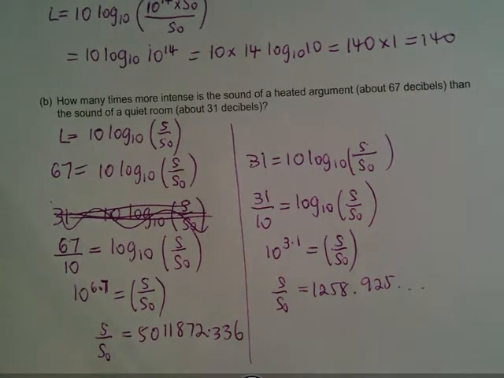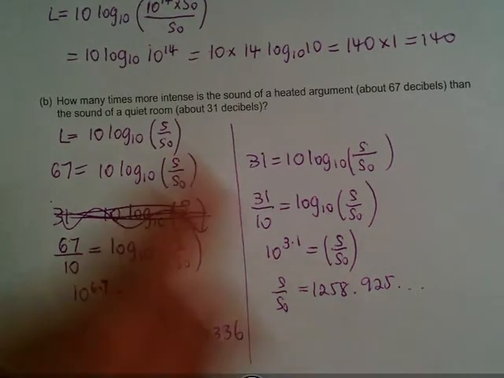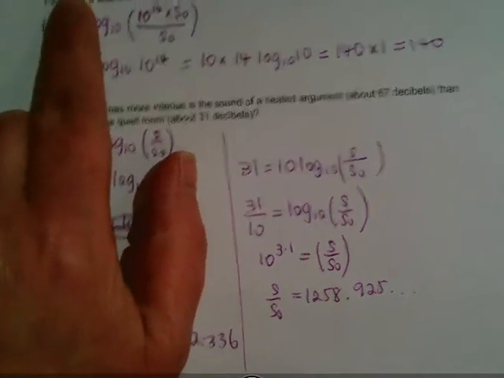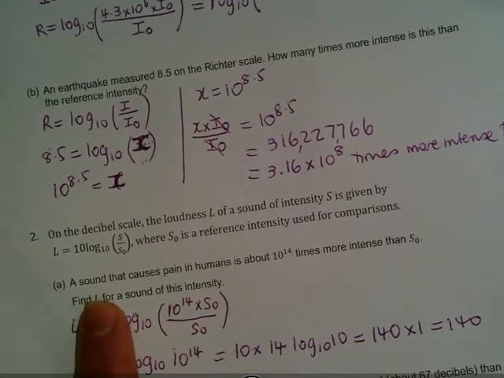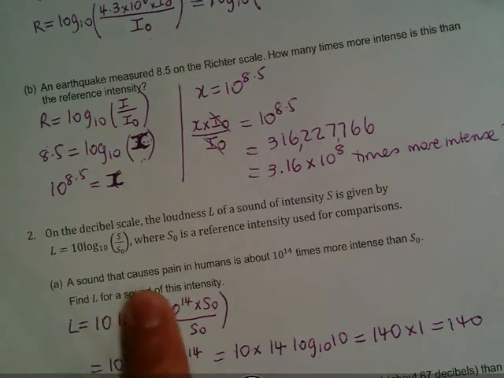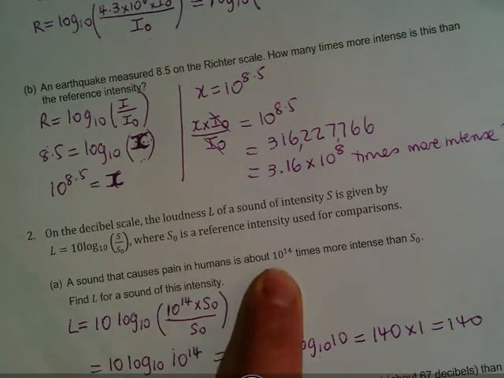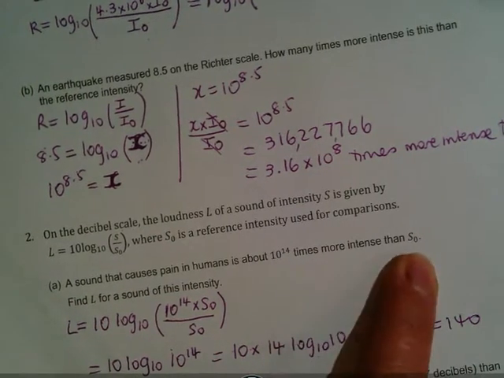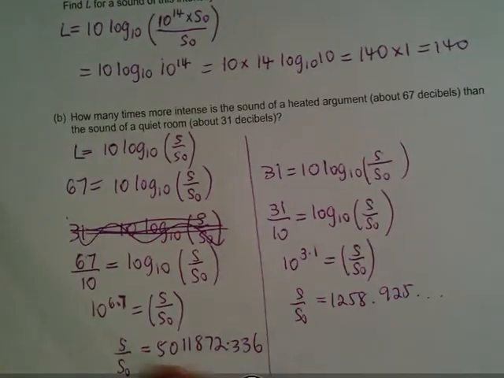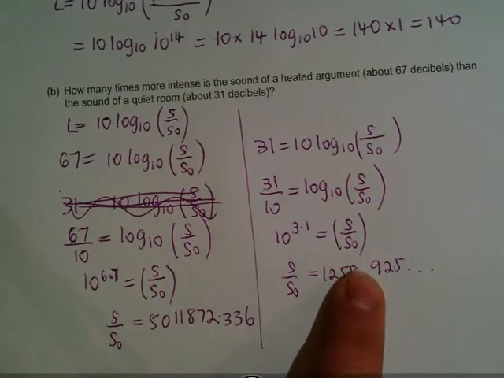Okay, so it's asking how many more times intense is the sound. So if we do this divided by this, because S is sound. They're just asking how many more times intense this is compared to that.